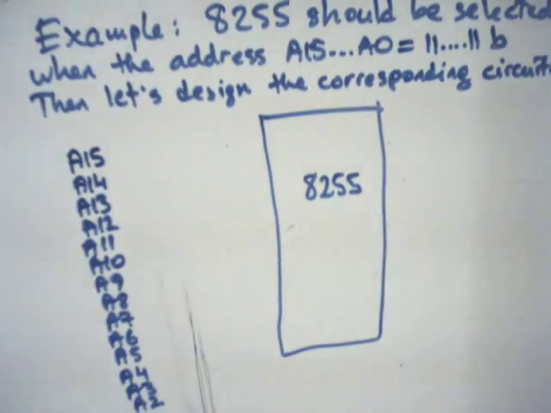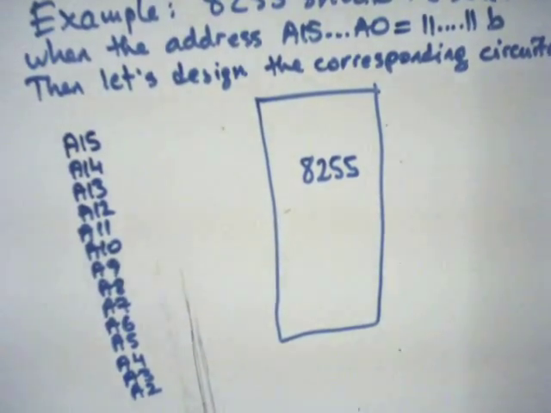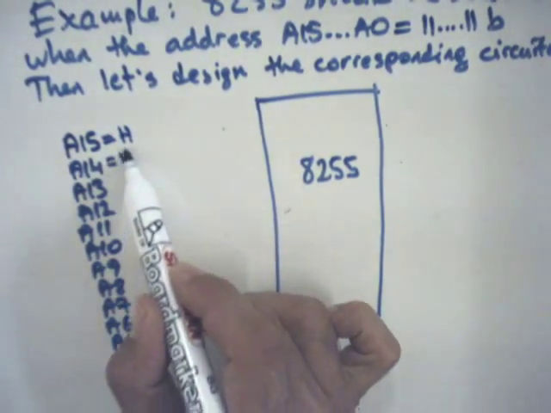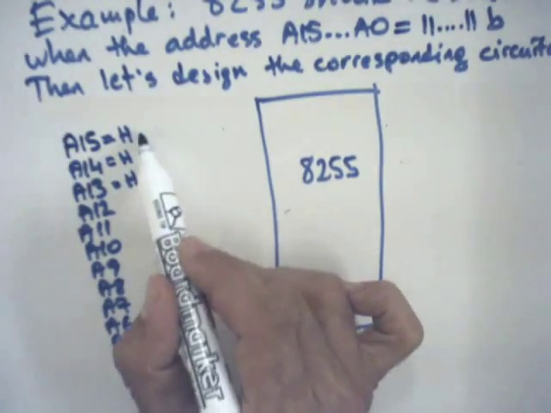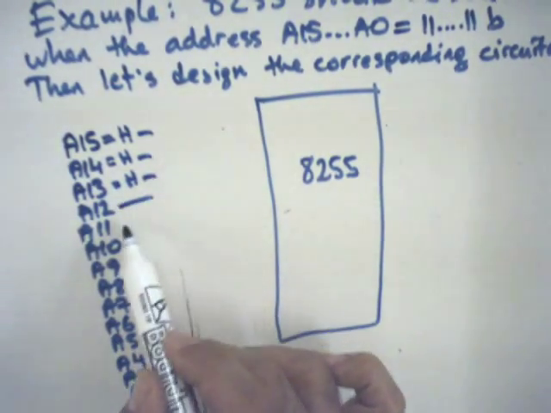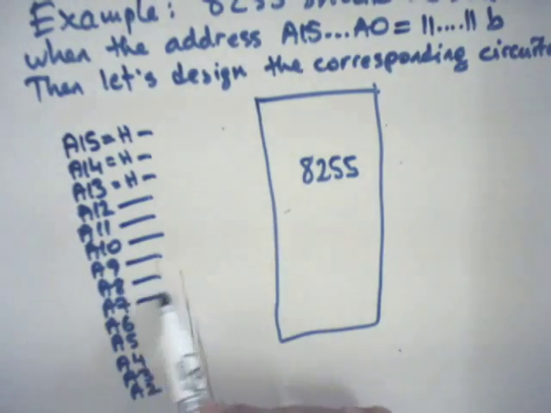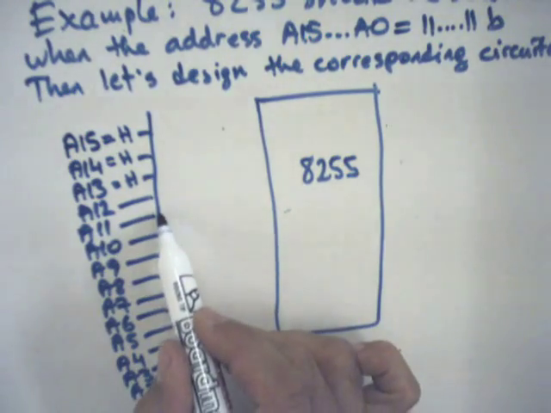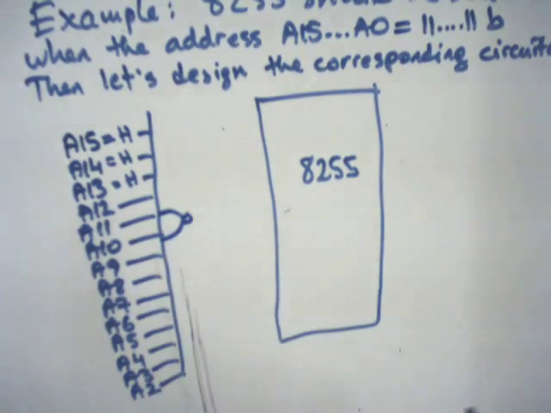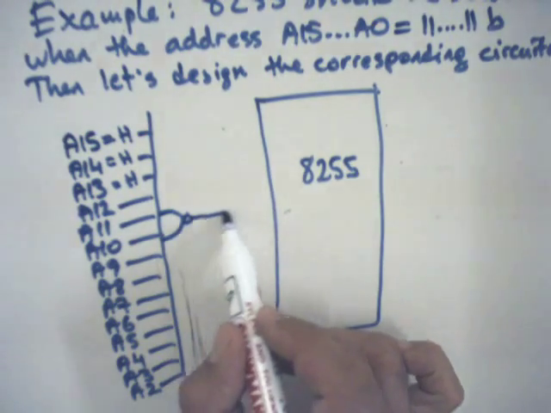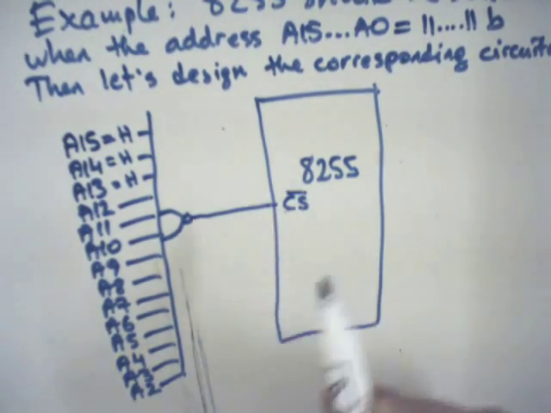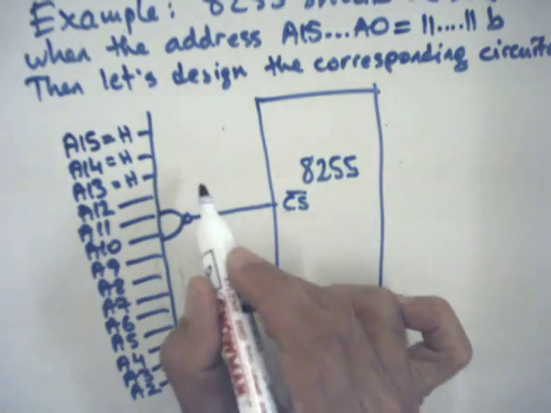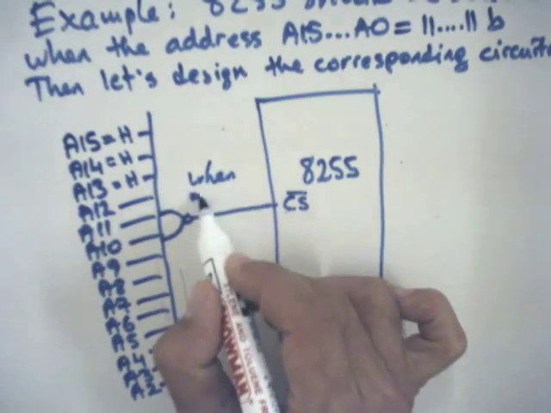Assume we have a huge NAND circuit, so when all of them are high, this is 0.